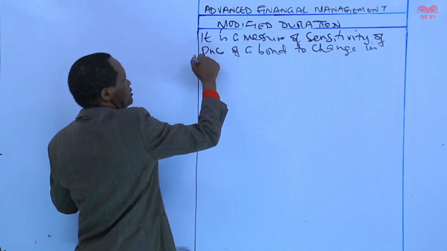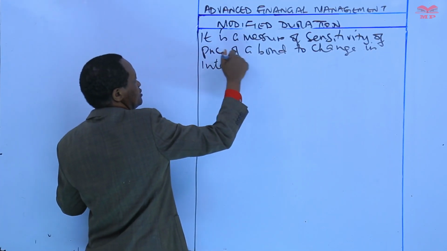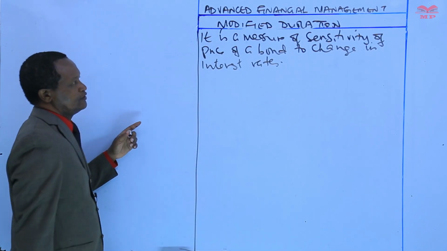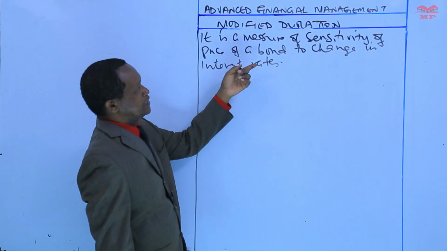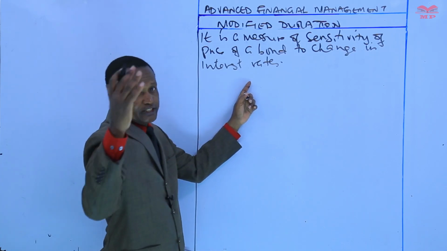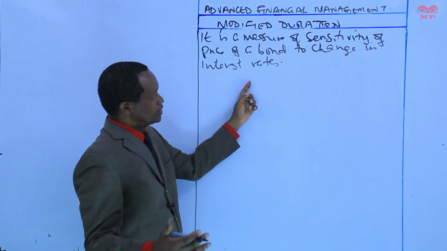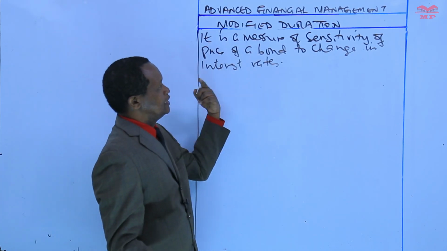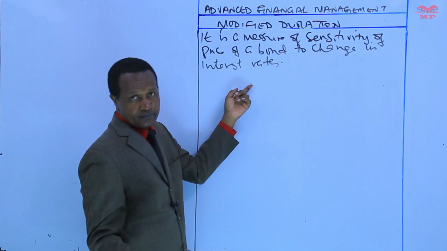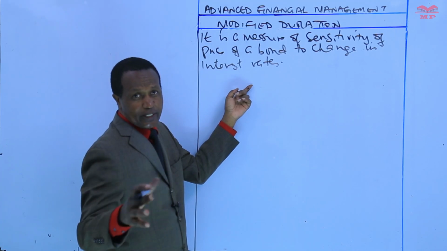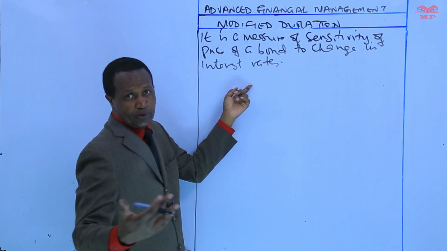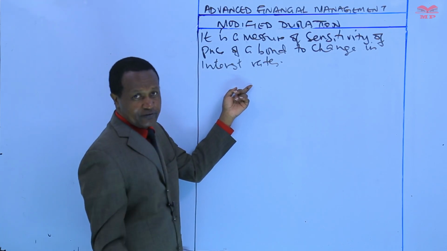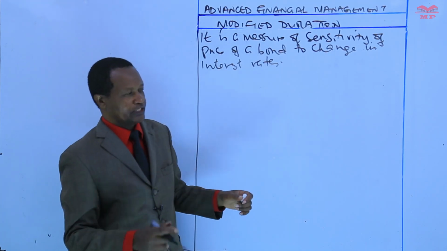If there is change in interest rate, how does it affect the price of a bond? If the interest rate increases or reduces, how does that increase or decrease affect the price of a bond? Now, rather than just looking at the weighted average time it takes to receive a bond's benefits, modified duration measures how sensitive the price of the bond is to change in the interest rates.